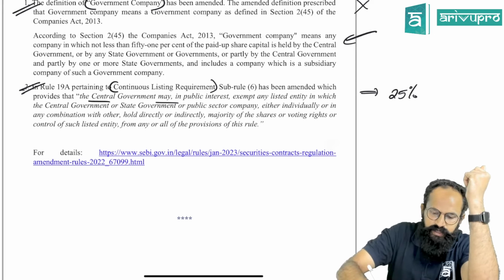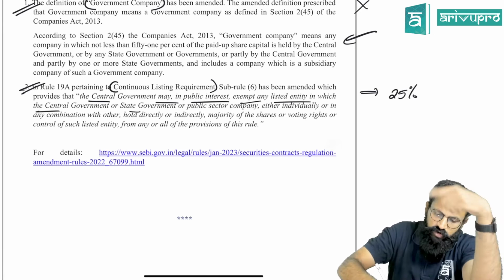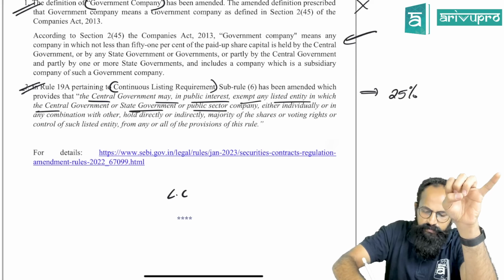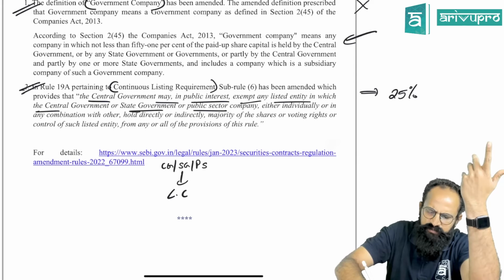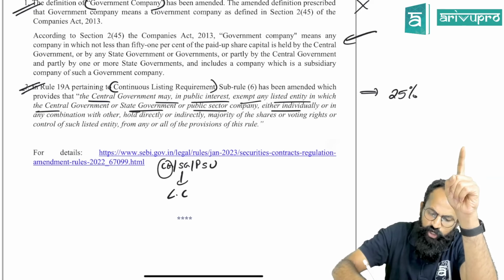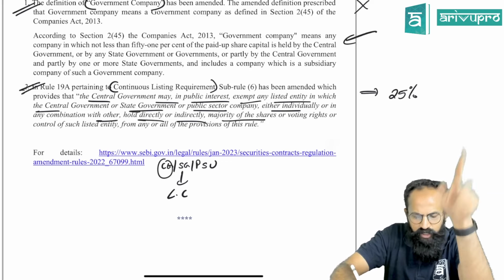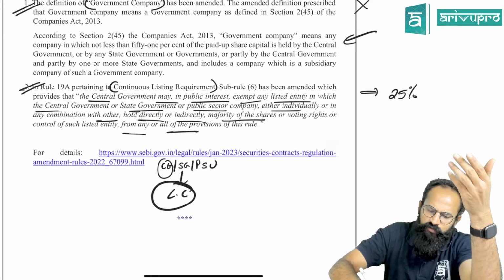The central government may, in public interest, exempt any listed entity in which the central government or state government or a public sector company, I'm just taking it as PSU, either individually or in combination, whether alone or together with others, hold directly or indirectly the majority of the shares or voting powers or control of such listed company, from any or all of the provisions of this rule.